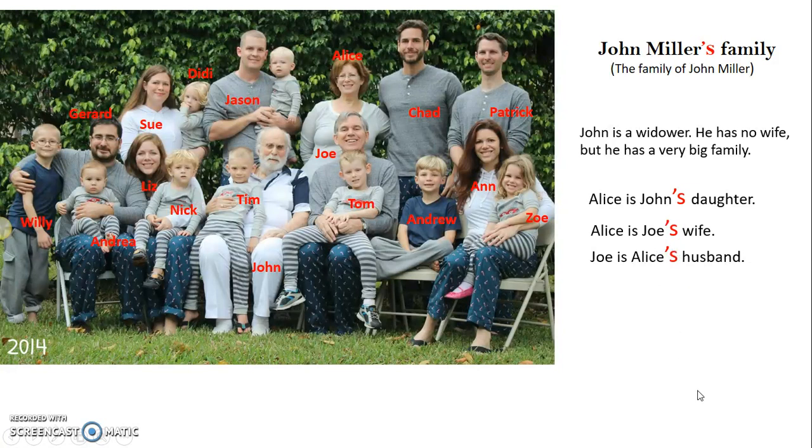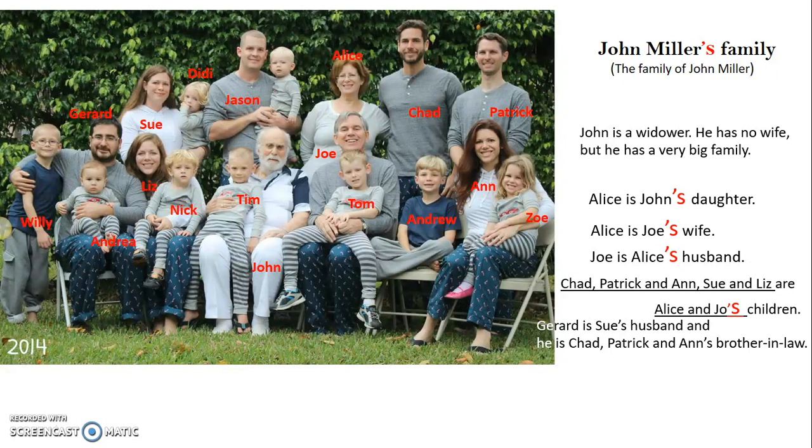So we say Joe is Alice's husband. Chad, Patrick, Ann, Sue and Liz are Alice and Joe's children. Chad and Patrick are their sons, and Sue and Liz are their daughters.